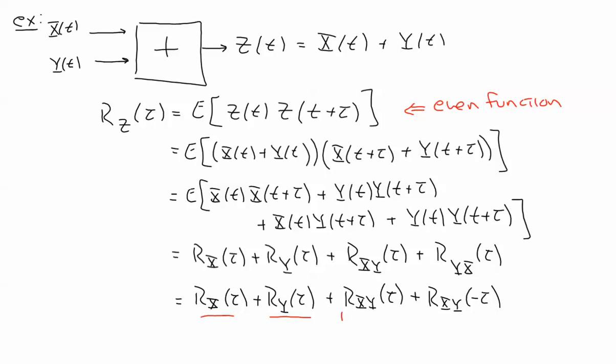If I take any function and add to it its mirror image about the tau equals 0 axis, the sum results in an even function. And the sum of the two cross-correlation terms, when one is the mirror image of the other, is an even function. So that's good. We expect the autocorrelation for the output function z to be an even function.